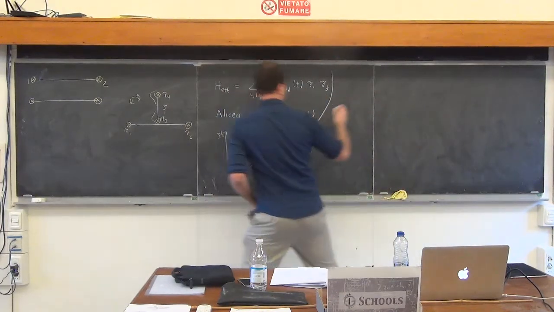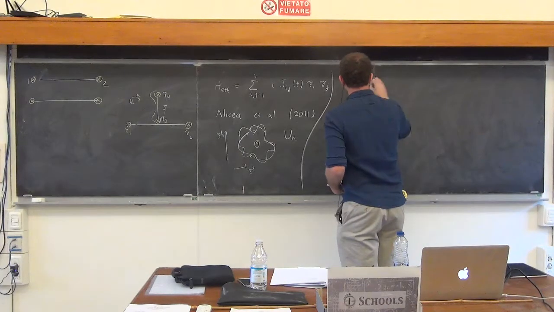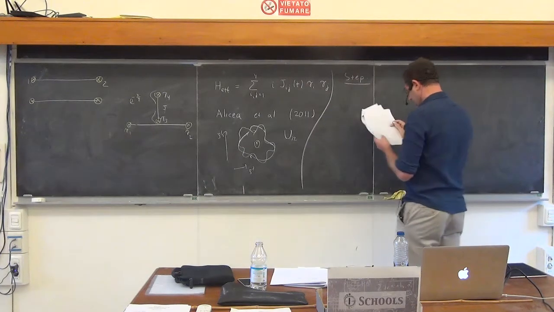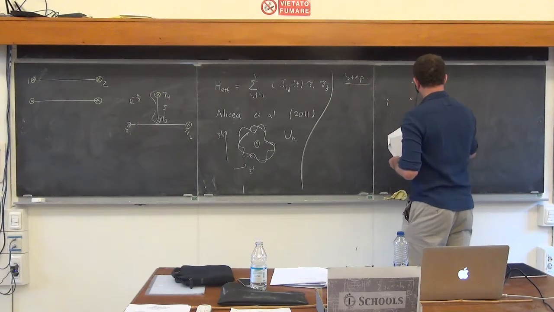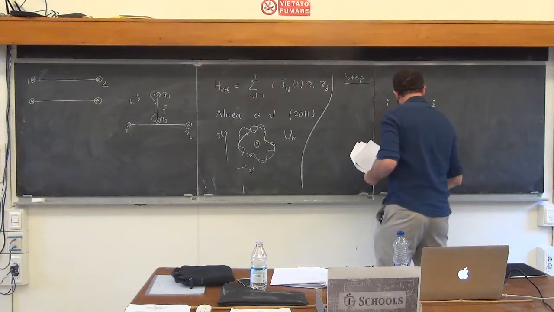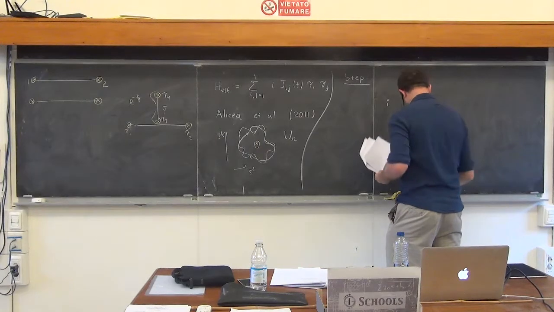So if my initial and also final Hamiltonian is going to be such that 3 is coupled to 4, okay, so there's a J_34 which is non-zero.